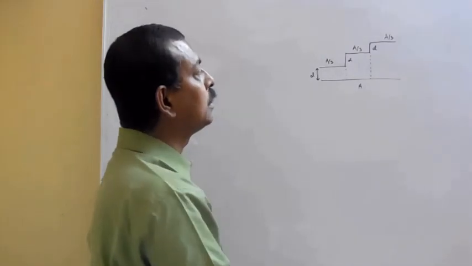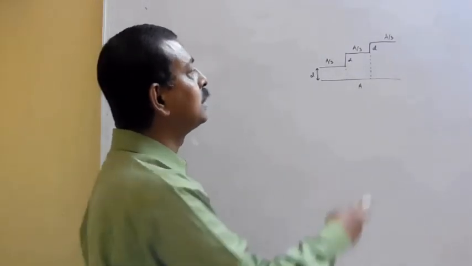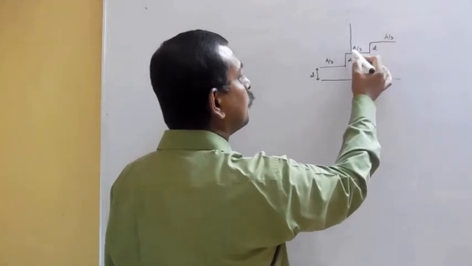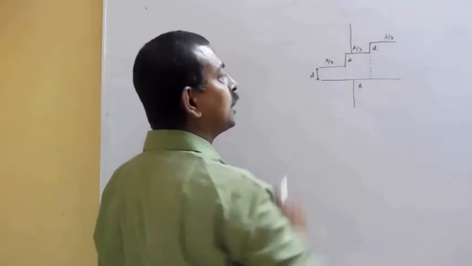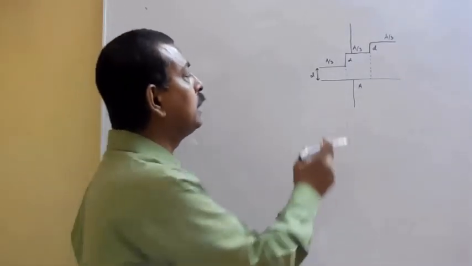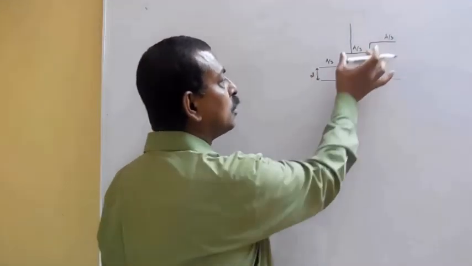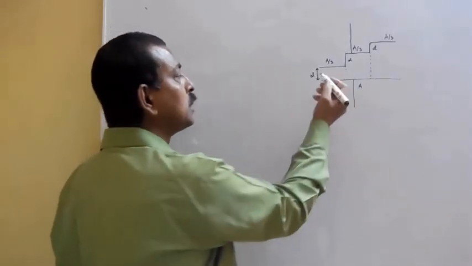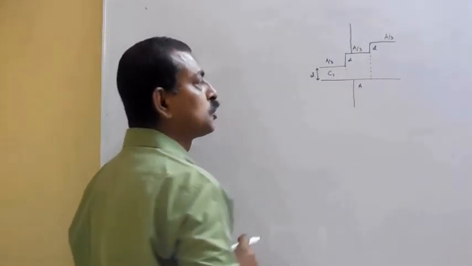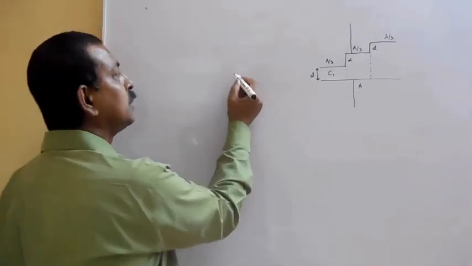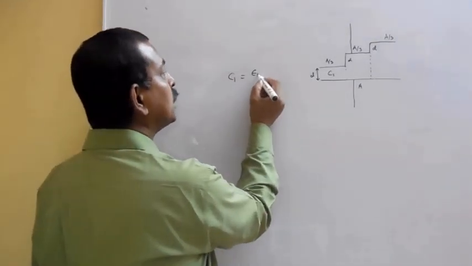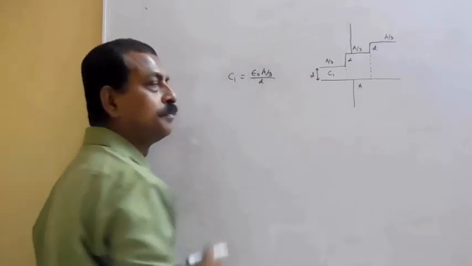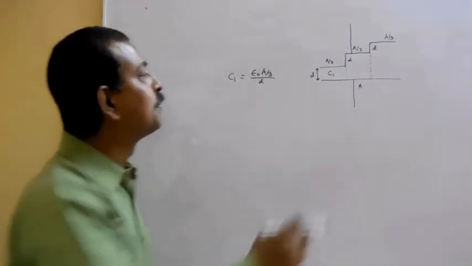Now you can see that if you connect this one with one plate and this with one potential, obviously we can consider that it is made of 3 capacitors. Suppose I take this one as the first one, say C1. This will be given as epsilon naught A by 3 divided by D. This is the first capacitor.